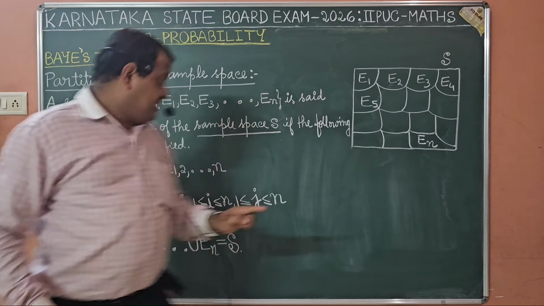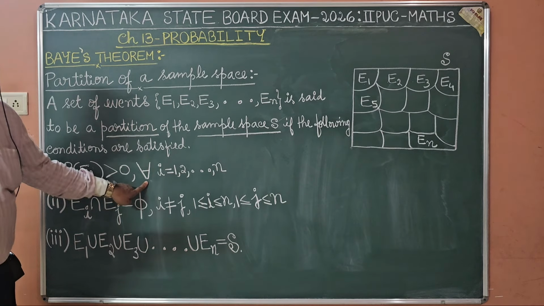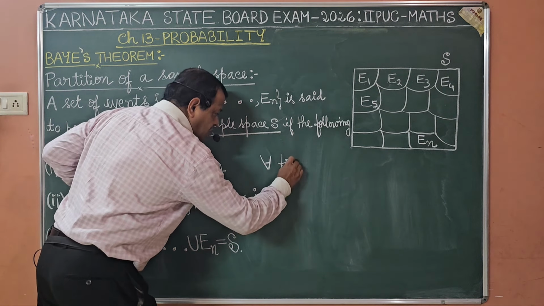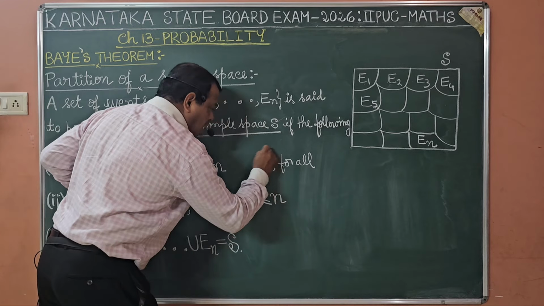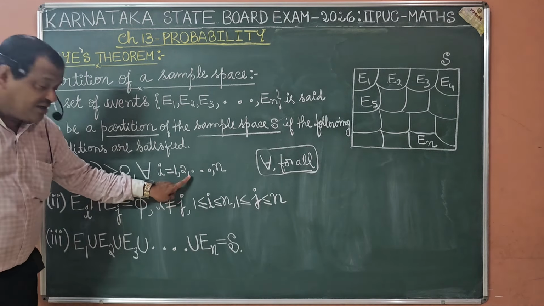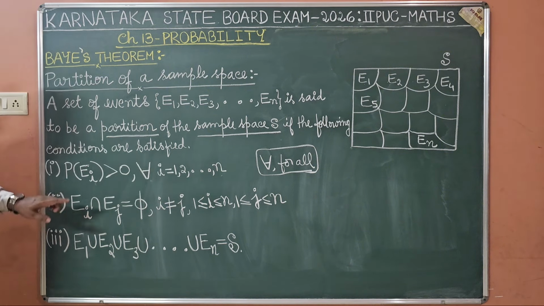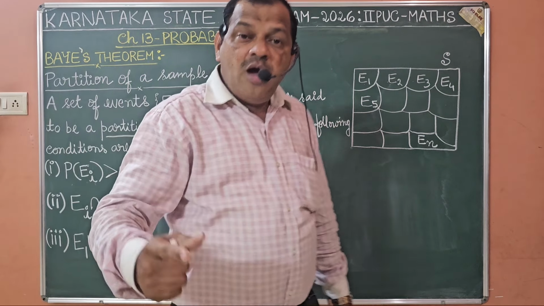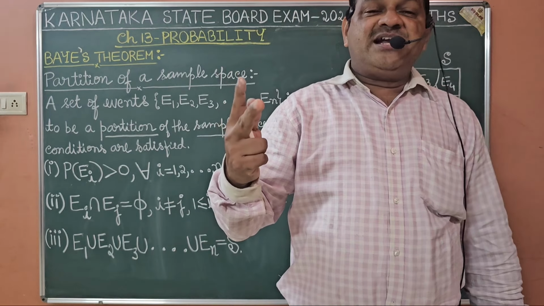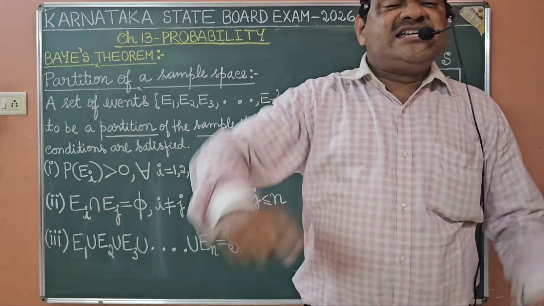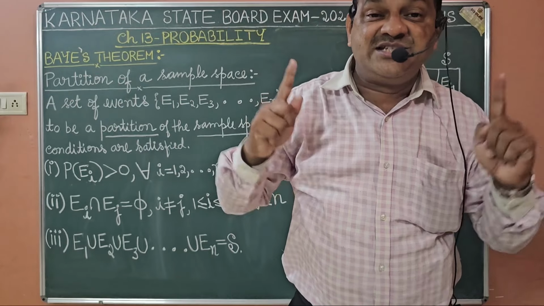This symbol we read as "for all". So i is 1, 2, and so on, till n. That is, probability of E1 should be greater than 0, probability of E2 greater than 0, probability of E3 greater than 0, and so on, probability of En, the nth event, should also be greater than 0.